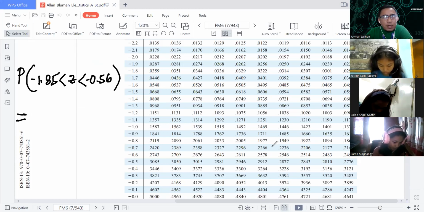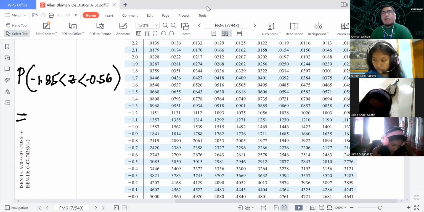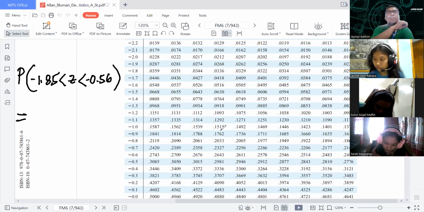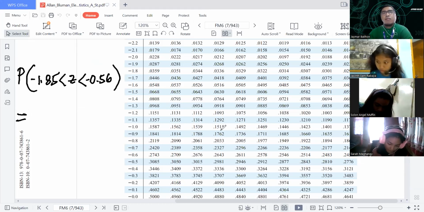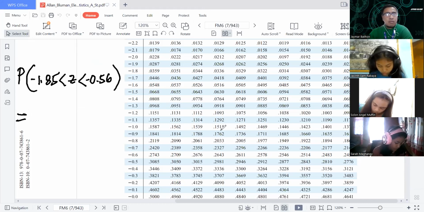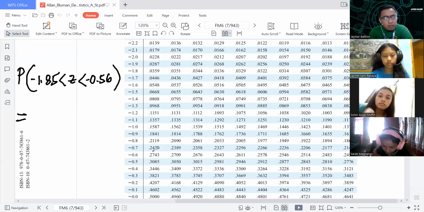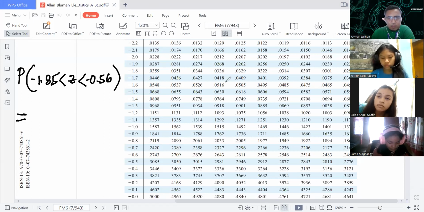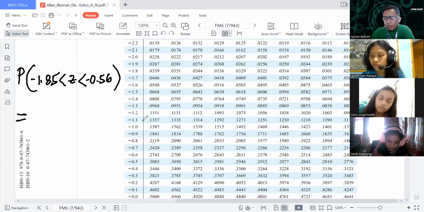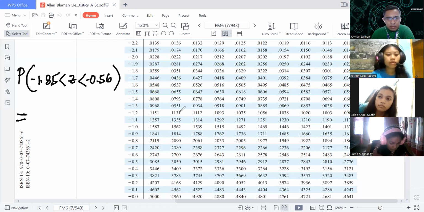Are you able to determine the formula? Can you dictate the formula?